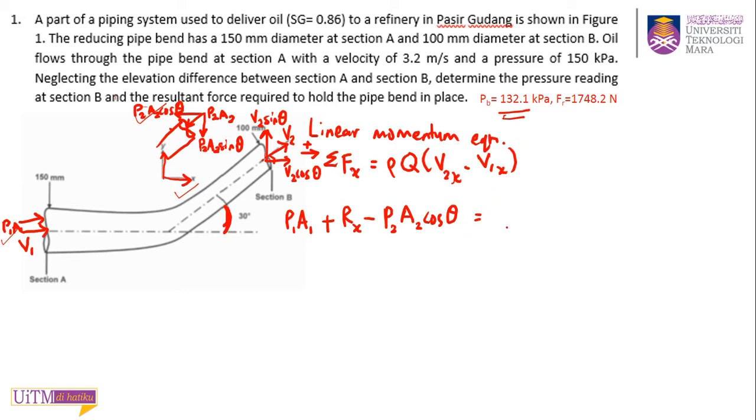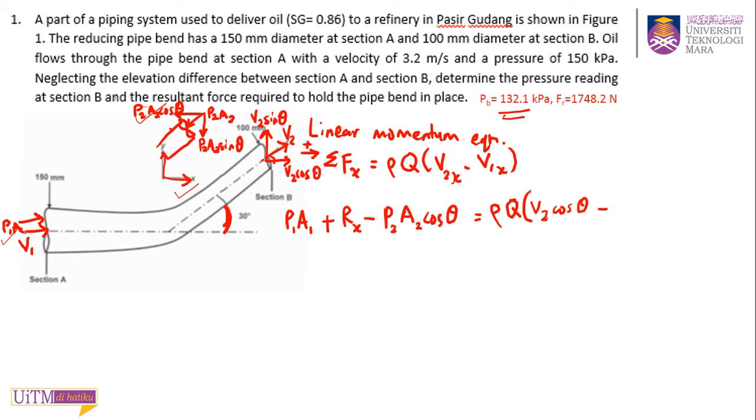So this will be equal to rho times Q times V2x, the velocity at point 2 in the x direction, V2 cos theta. Because it moves in the same direction as your x, you just copy everything, V2 cos theta, minus V1x.